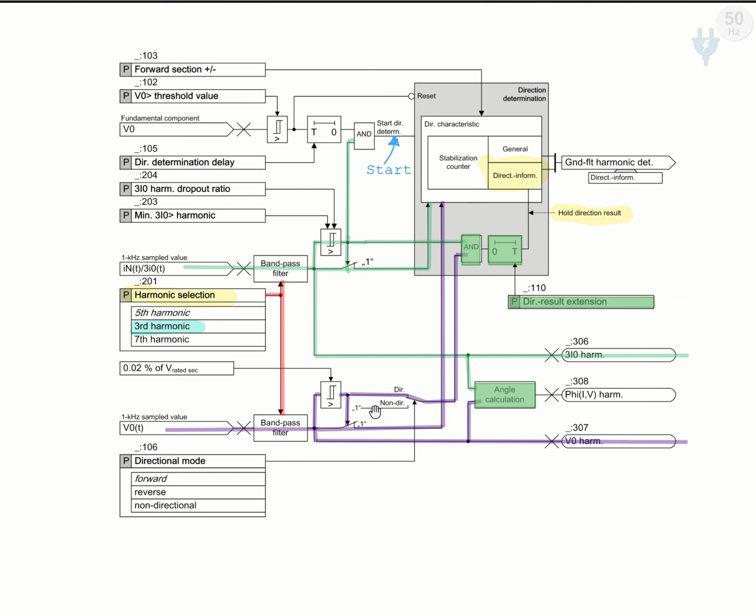So definitely our discussion is really helpful for protection and control engineers to know, and it is also useful for those who want to do some research.